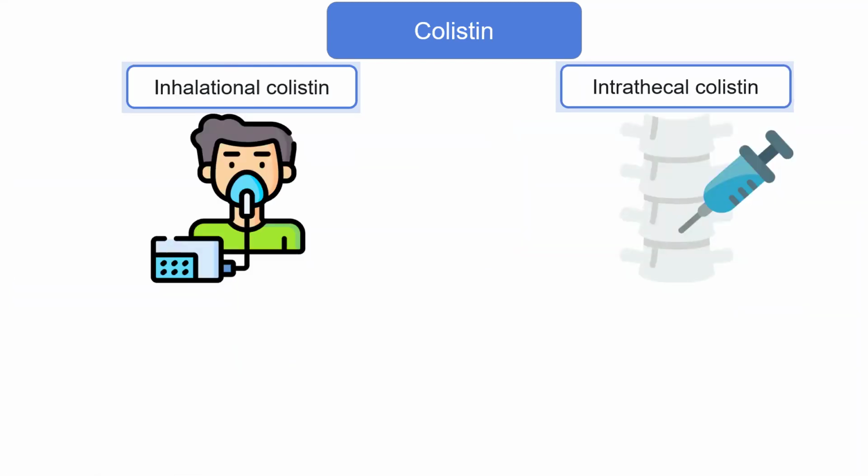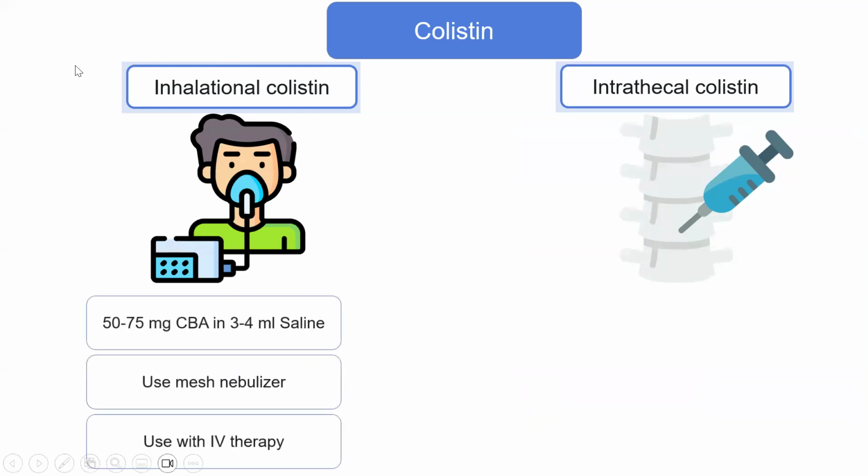Colistin can also be given by inhalation or intrathecally. For inhaled colistin, ideally the dose is 50 to 75 milligrams of colistin-base activity in 3 to 4 milliliters of saline. Ideally, we need to use a mesh nebulizer.